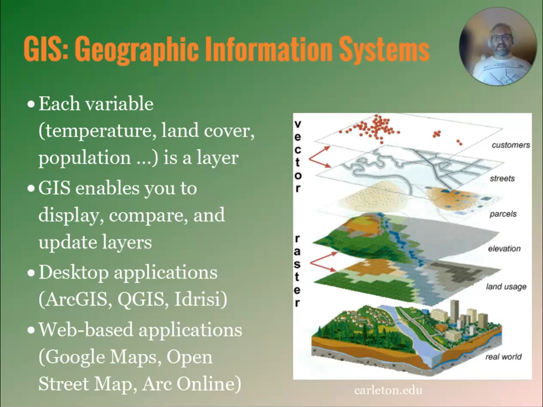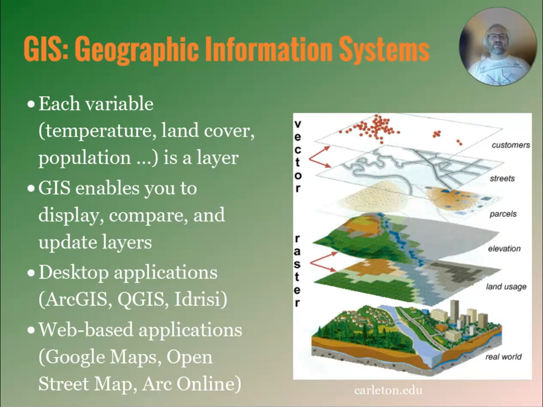Okay, so for the third section of our lecture, we're going to talk about GIS, Geographic Information Systems. These are computer programs that allow us to analyze spatial data. So rather than just looking at a static map, whether it's on a piece of paper or a JPEG, a map that just sits there and shows you things, you can actually manipulate that spatial data.